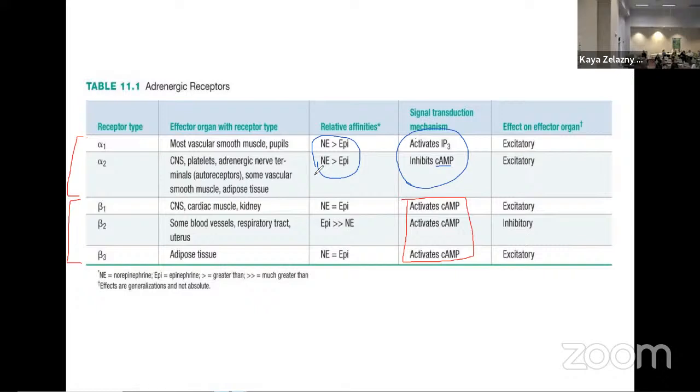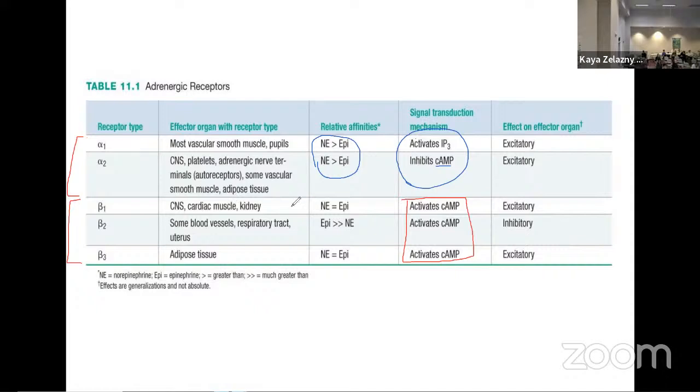But they're going to like one better, potentially, depending on what type of receptor we are. So for the alpha receptors, they like the norepinephrine better, right? So they're going to pick norepinephrine over epinephrine. So they're going to be responding more to those postganglionic sympathetic neurons and a little bit less to those molecules coming out of the adrenal gland.